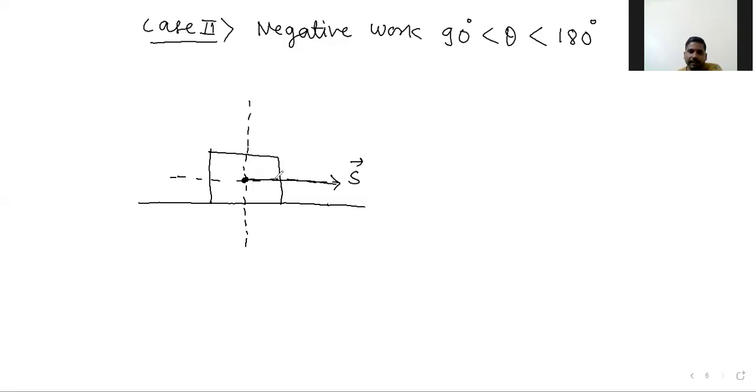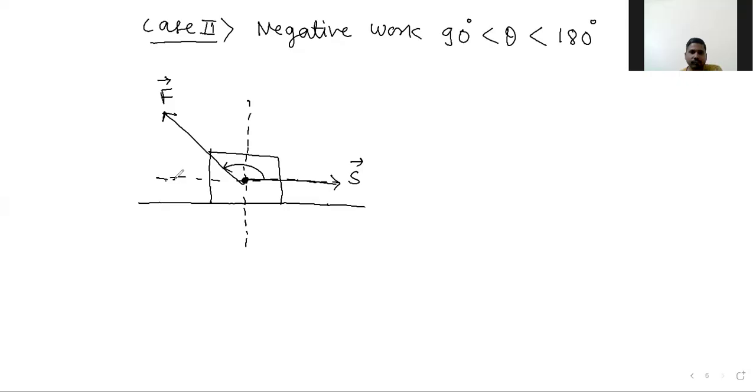So from displacement vector, this line is 90 degree and this is 180. So theta is in between 90 to 180. So force must be in between these two lines, that is in the second quadrant. So this is the action line of force. Now this angle from displacement vector to force vector is greater than 90 but less than 180.